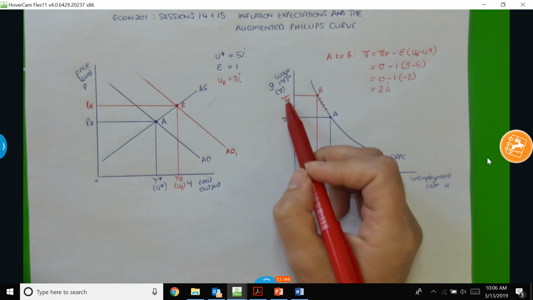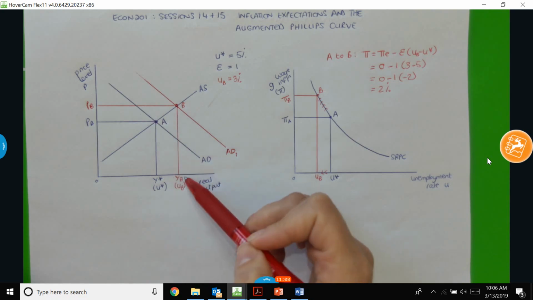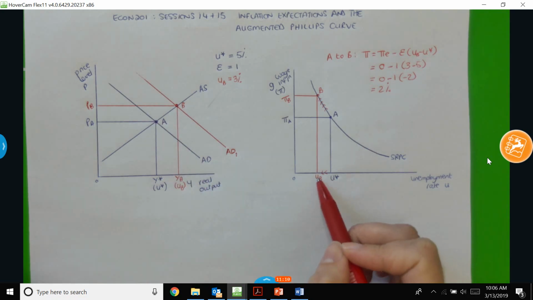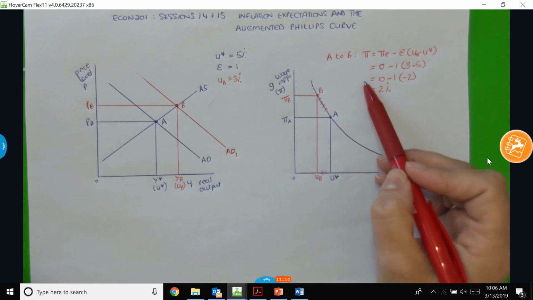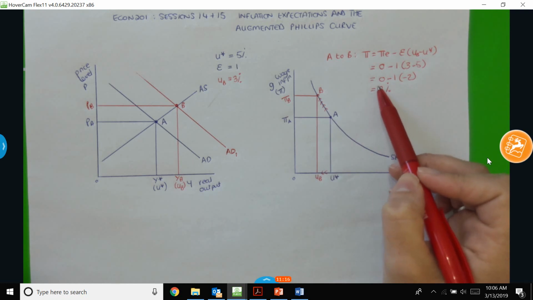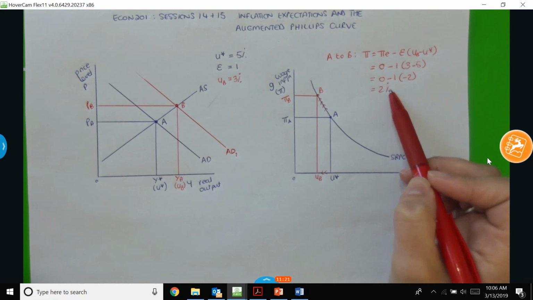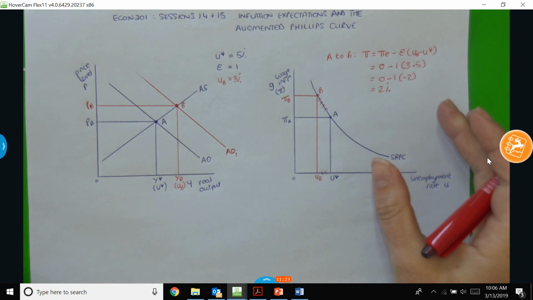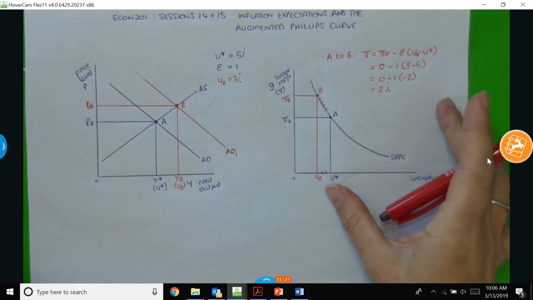So when there is an increase in the demand for goods and services and prices rise and output rises, the unemployment rate falls and inflation increases. And we can see from the equation that inflation increases because of the positive sign on the inflation rate that we calculate. Okay, this basically takes us up to the short-run Phillips curve, or the simple Phillips curve.